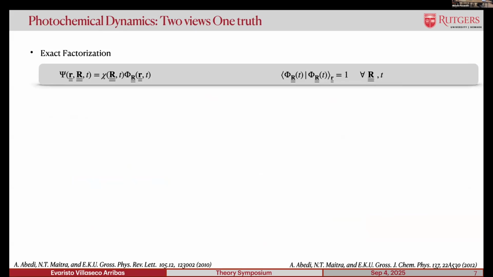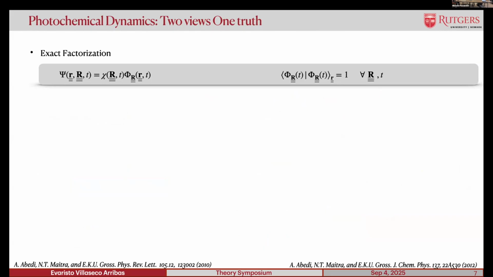is an exact way of representing the full electronuclear problem or wave function as a single correlated product of a marginal term, in this case a time-dependent nuclear wave function, and a conditional term, which is a time-dependent conditional electronic wave function that has parametric dependence on the other subsystem coordinates.